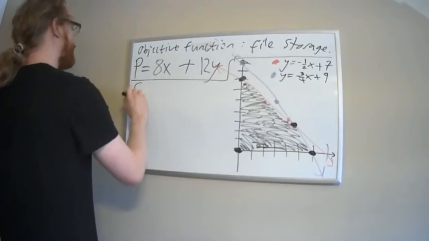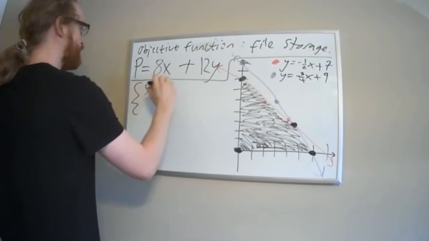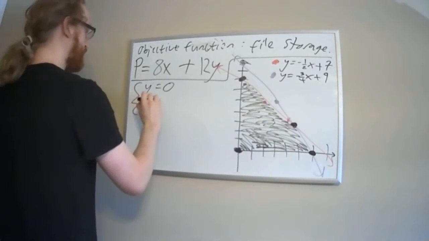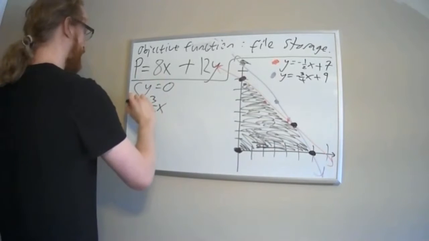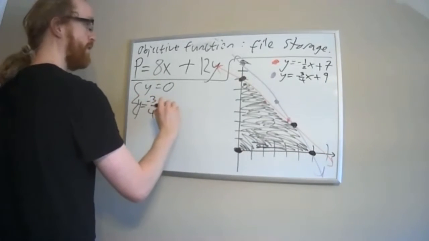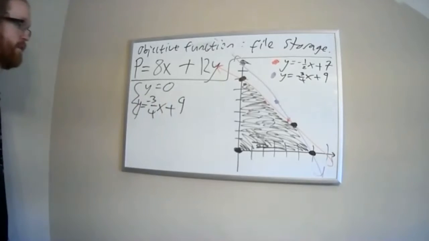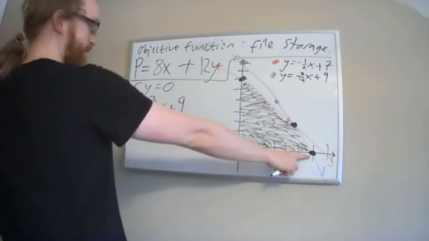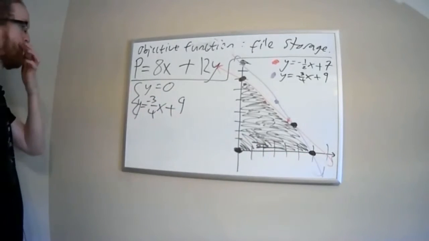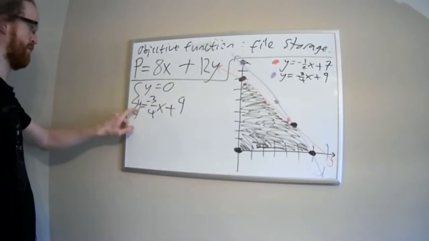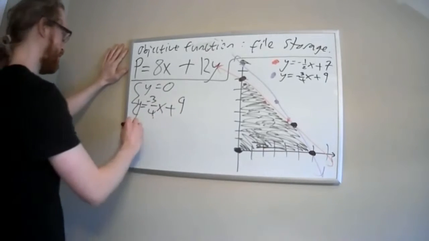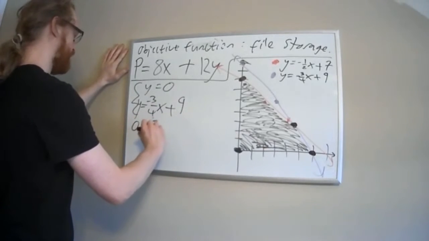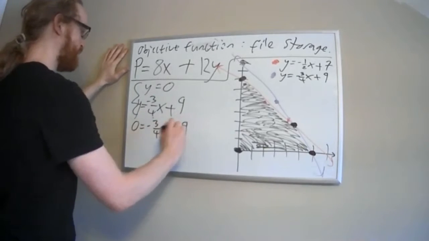So that's really solving the system y equals 0, and the purple line is y equals negative 3/4 x plus 9. So to find this guy on the x-axis, I just plug y equals 0 into this equation, and we're going to solve for x, and that'll tell us the x coordinate.